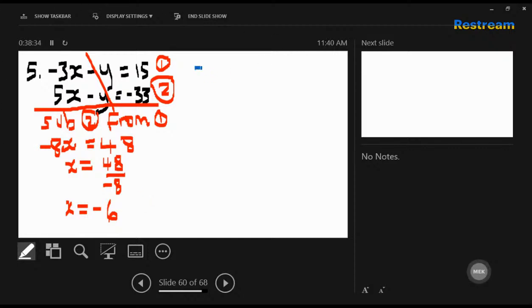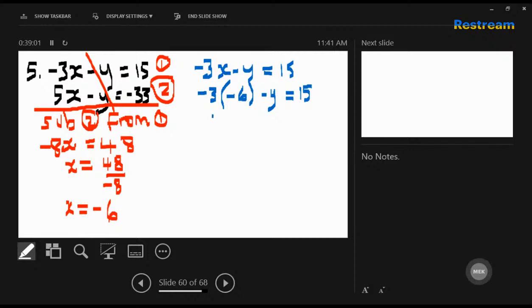So I'm going to use the first equation, so I'm writing it. Negative 3x minus y is equal to 15. So if x is negative 6, it will be negative 3 times negative 6 minus y is equal to 15.